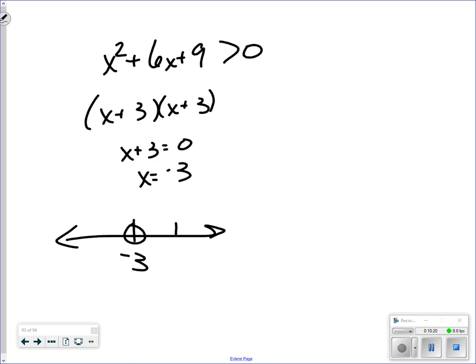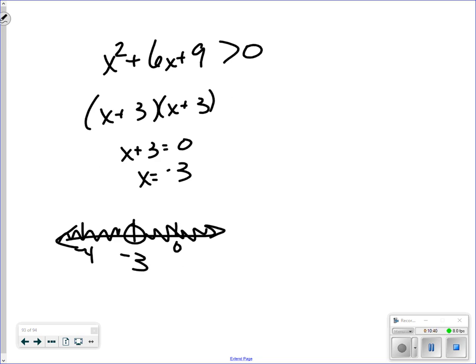Now when I put 0 in, it actually works. And if I try the number on the other side, it works. So this would be all real numbers except -3, which doesn't work because it's an open circle.